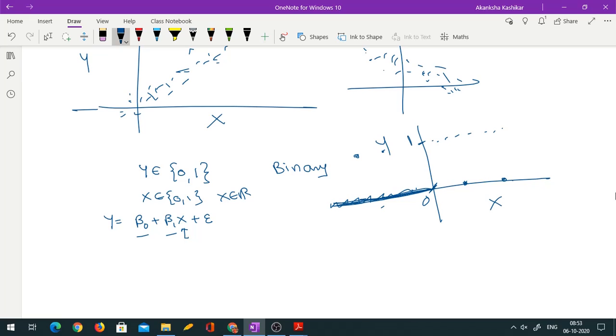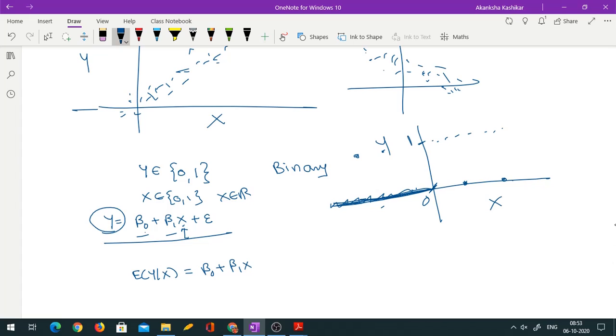So what is going to happen? For some values of x and some values of beta naught, beta 1, I might get some strange values of y. What do I mean by strange? Normally when I write this regression model, I know that at the back of my mind I have expectation of y given x as beta naught plus beta 1x.